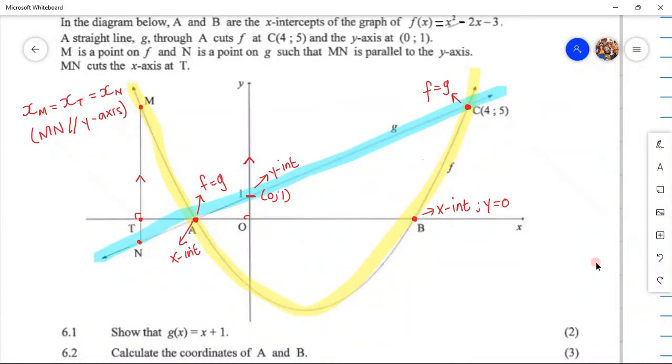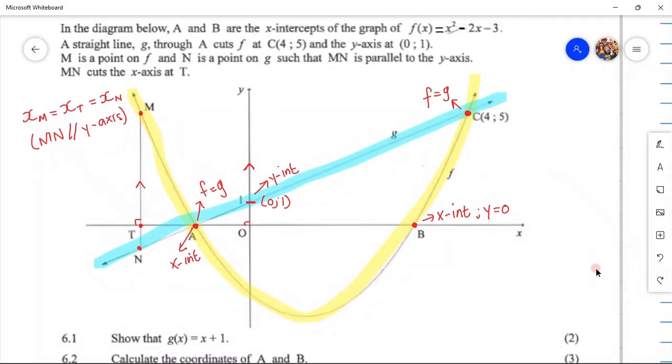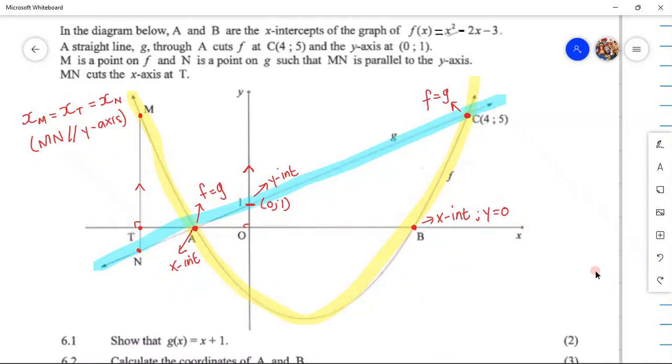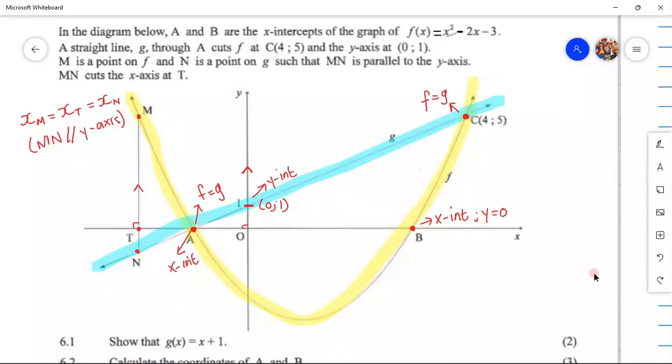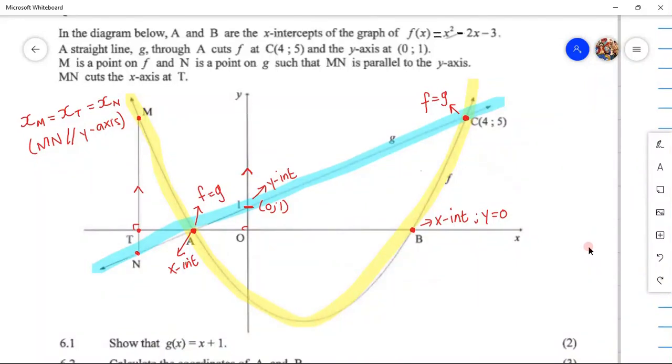So we have our first question, show that g of x equals x plus 1. So we basically need to find the equation of g of x, and that equation needs to be g of x equals x plus 1. Now, we know that in order to find the equation of a linear function or of a straight line, we need two things.